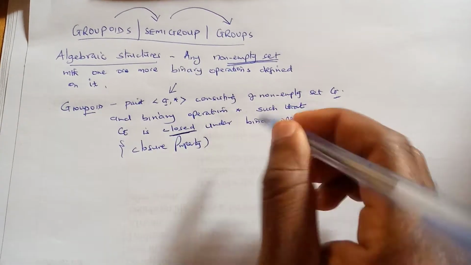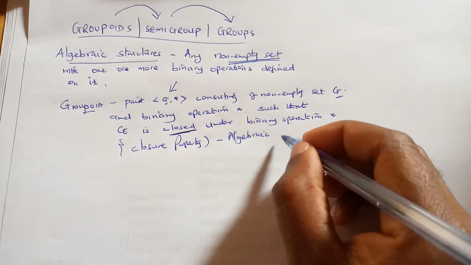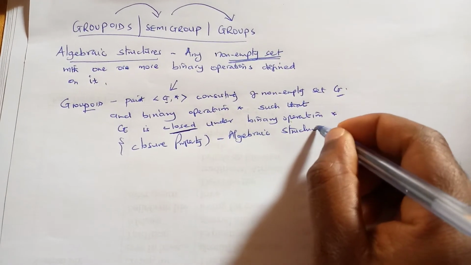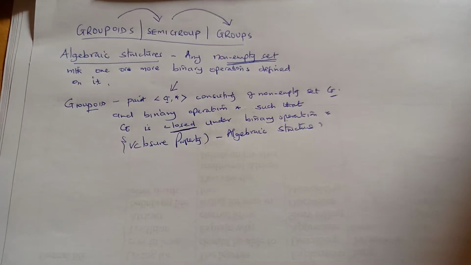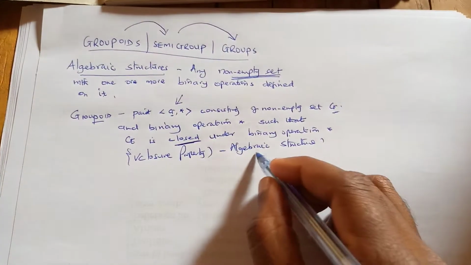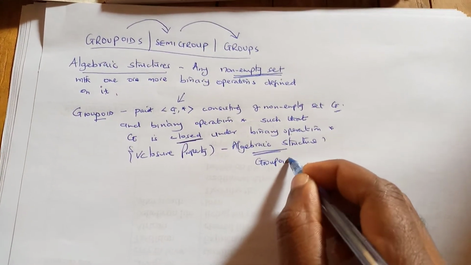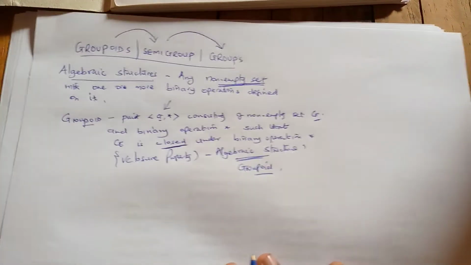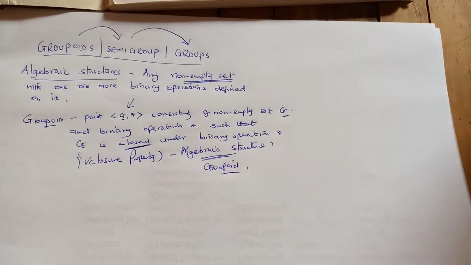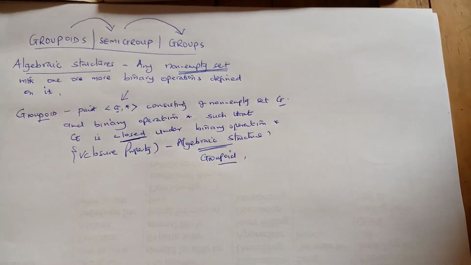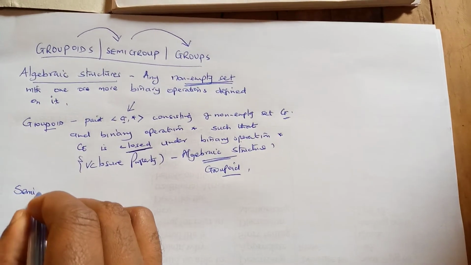So if you have an algebraic structure which satisfies the closure property, then that algebraic structure is what we call a groupoid. Okay, it's a groupoid. Next, we look at semigroup.